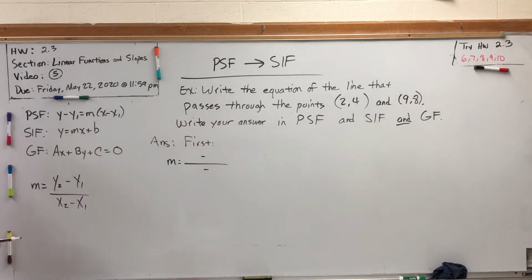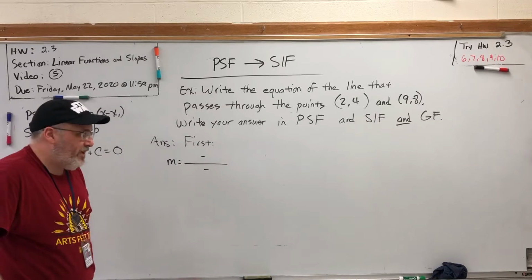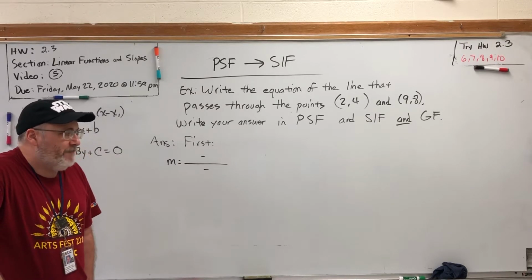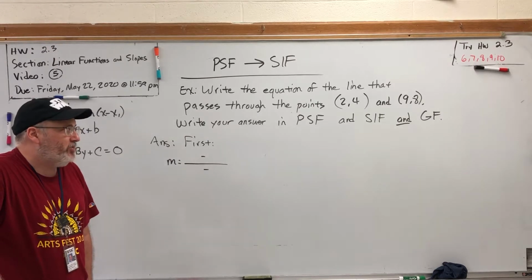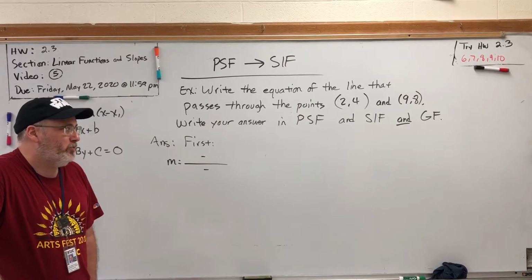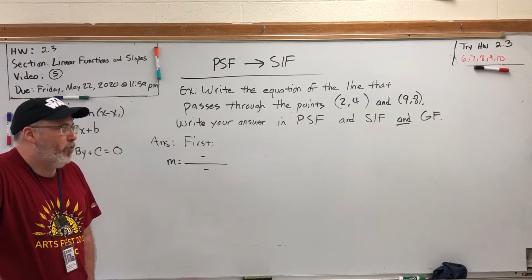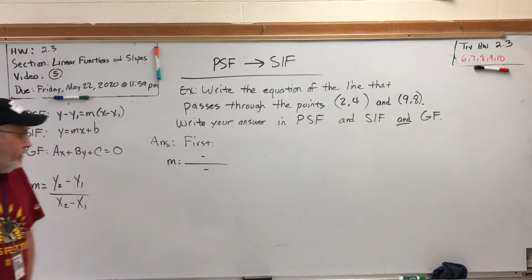Now, if I recall correctly, I believe these were the same 2 points in the first video. You can go back to the first video and see, but when we first calculated the slope, I believe the points were (2, 4) and (9, 8).